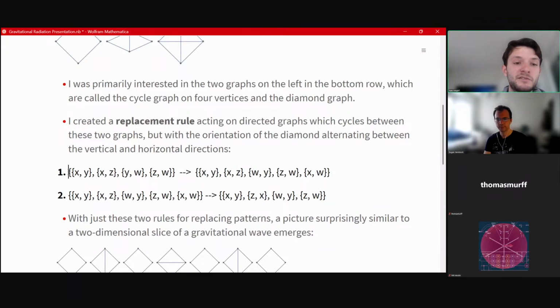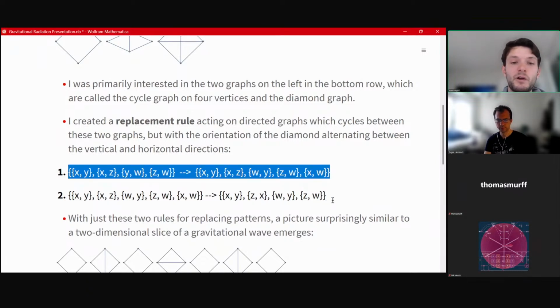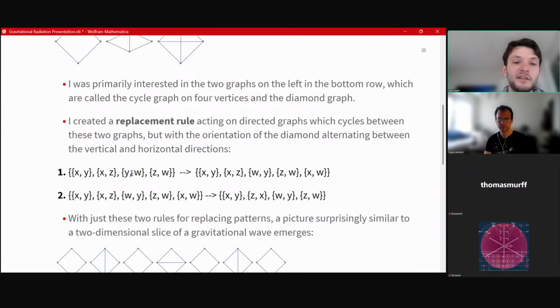So I used these 2 replacement rules where X, Y, Z, and W here just stand for 4 arbitrary vertices.